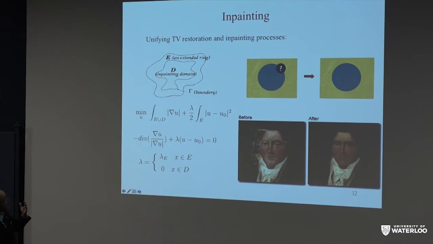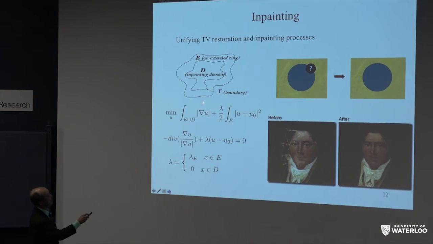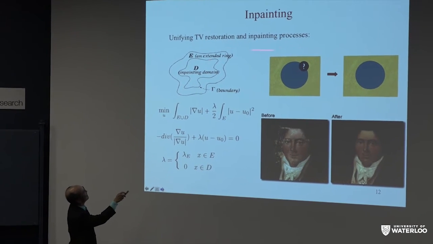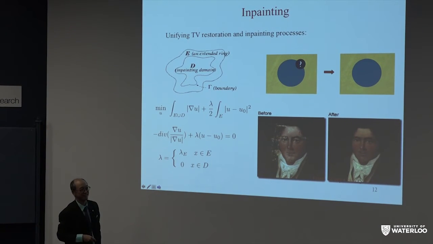So there's a very elegant method to do this. You say, I want to do like ROF, right? Least square regularized with TV. So this preserves edges. But you only have data, you don't have data in this region. So this means it's the region where you have data, okay?